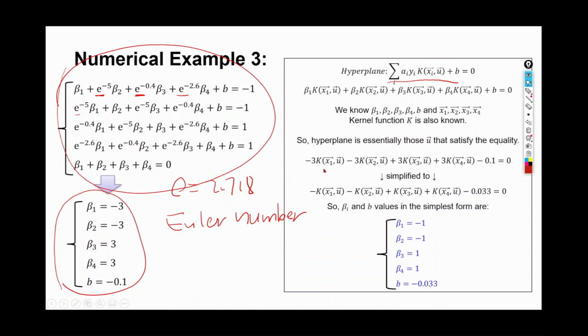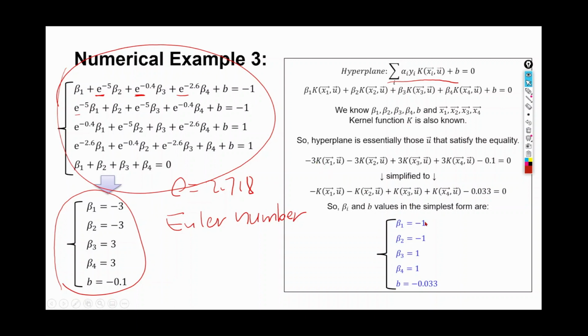And this one we can further simplify by dividing by 3 on both sides. We can get 0.033 over here, and the rest we can get rid of the so-called coefficients. Looks more appealing. So in the simplest form, the beta value is basically just a coefficient.